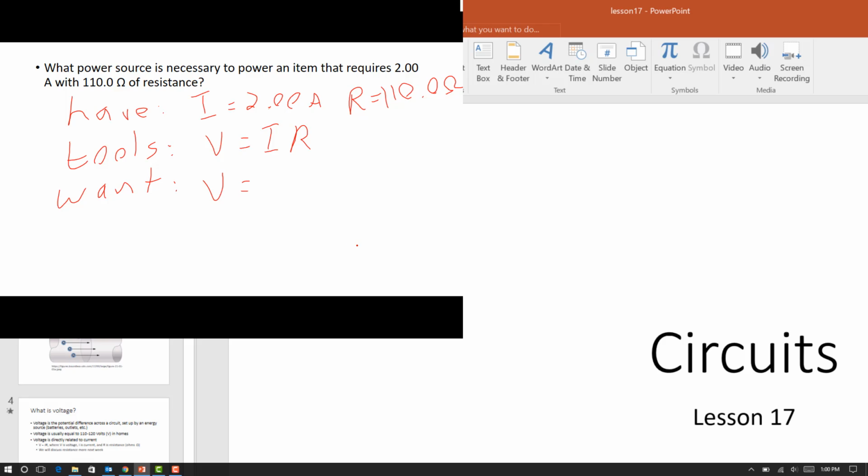So it's equal to current, which is 2.00 amps, times resistance, which is 110.0 ohms. And we get that voltage is equal to current times resistance. Yep. 220 amps times ohms.